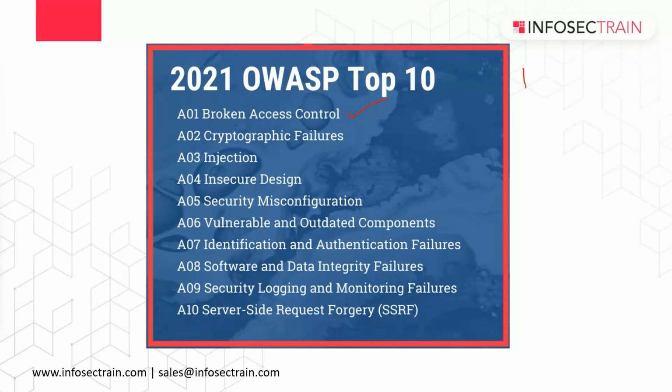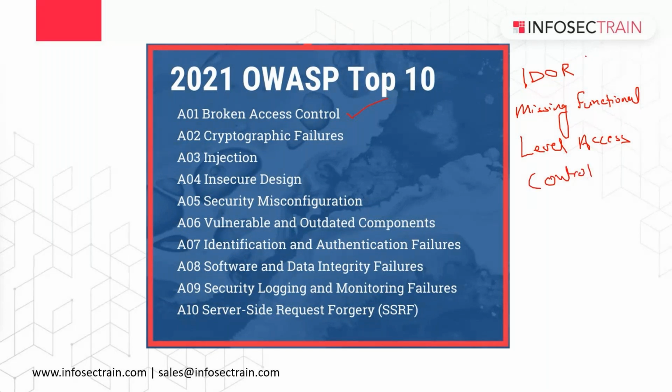One was IDOR, and the second was missing functional level access control. IDOR stands for insecure direct object reference. Both of these vulnerabilities were combined together and given a new name, broken access control.